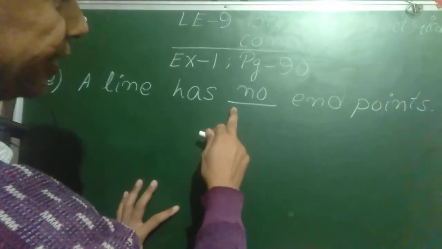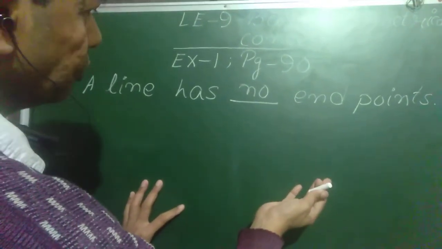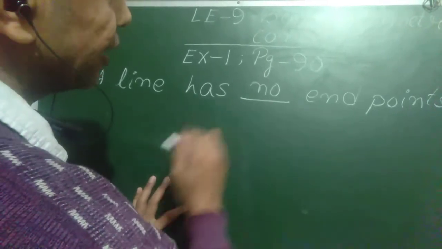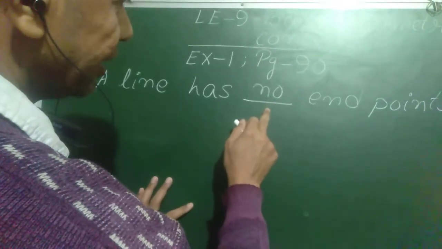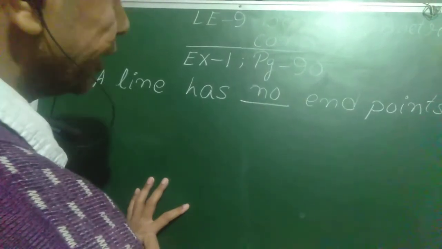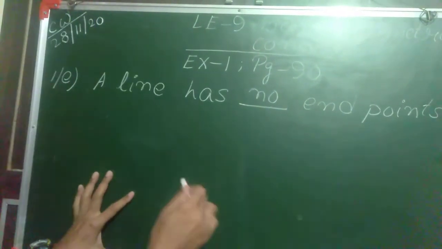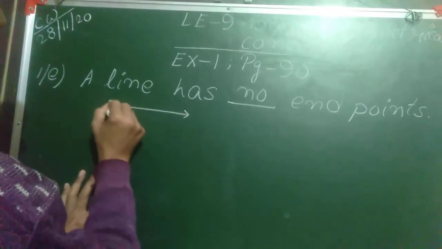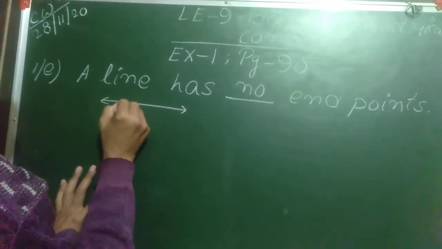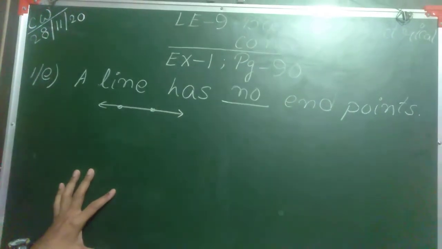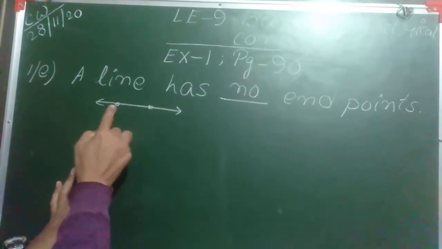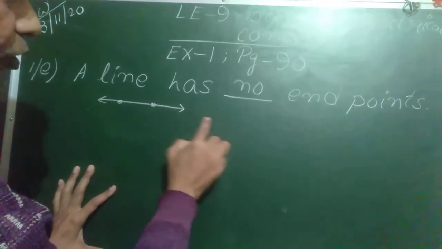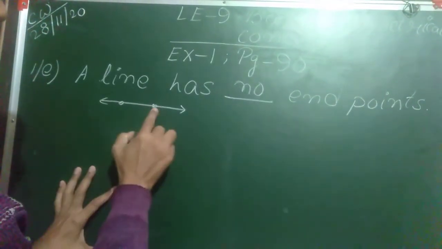I shall explain in my next video some definitions, then it will be clear to you why I am telling that it has no endpoints. Okay, so simply this is a line, and a line is extending in both the sides endlessly.